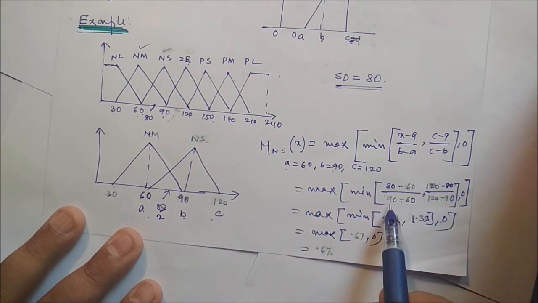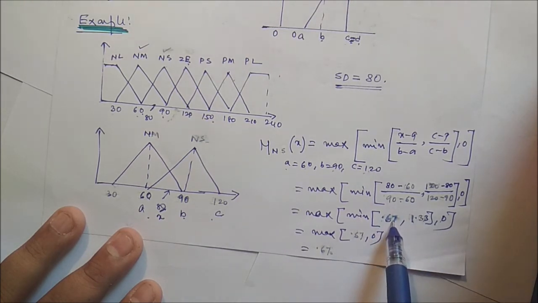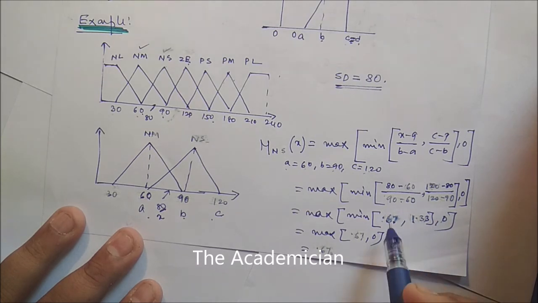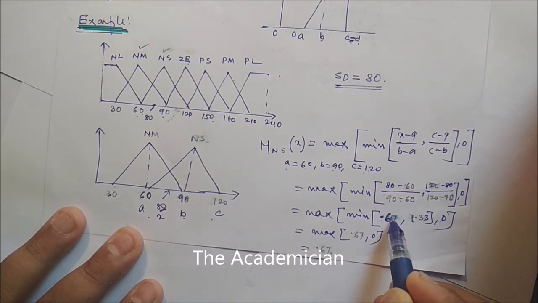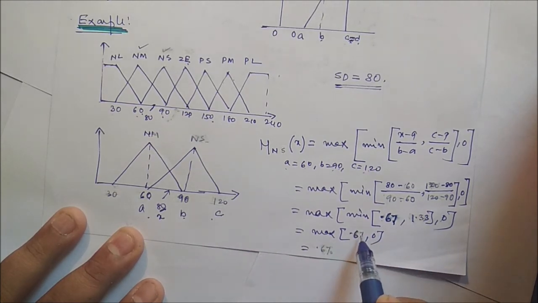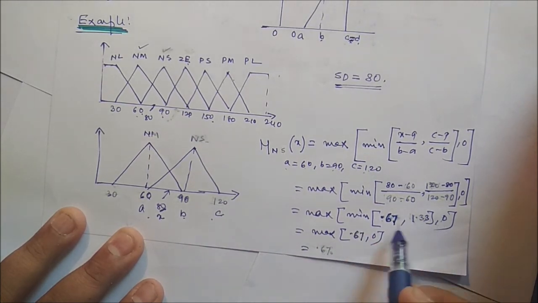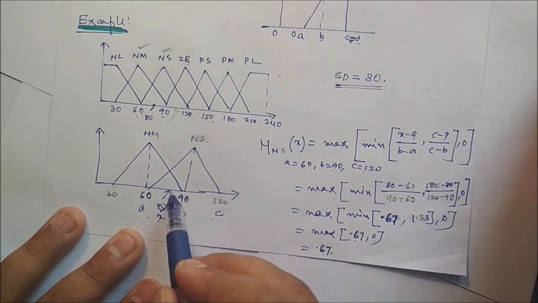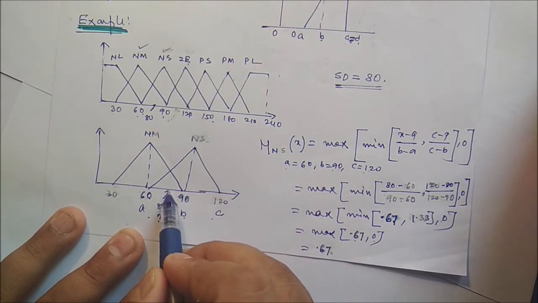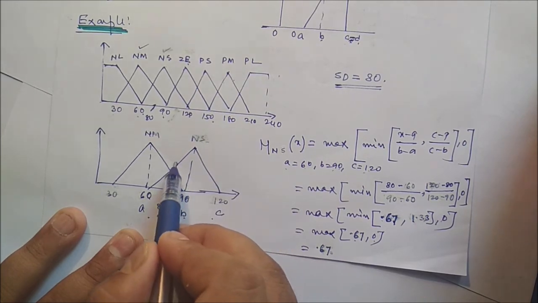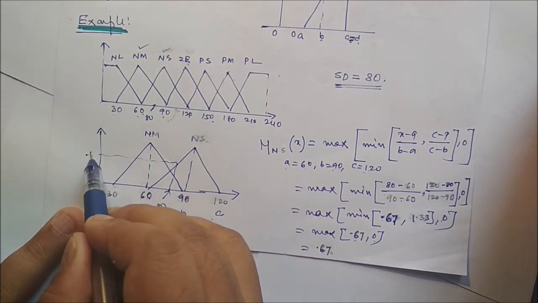So 80 minus 60 by 90 minus 60 is 0.67, and 120 minus 80 by 120 minus 90 is 1.33. The minimum is 0.67, and the maximum in between 0.67 and 0 is 0.67. So if x is somewhere here, then the associated membership value is 0.67.